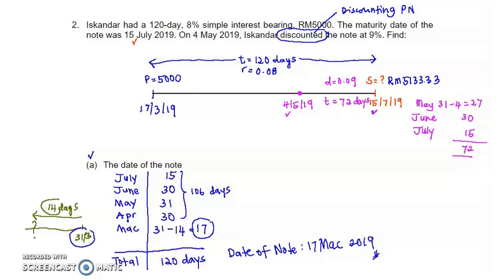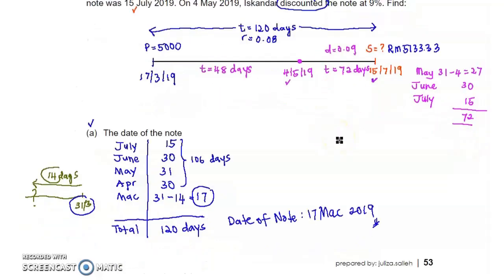Okay, so once we get the discount period 72 days, we can find how many days Iskandar kept the note. Okay, so how? 120 minus 72, we will get 48 days. So here is 48 days. Okay, here are T, here DT, so T here you use 72 days.